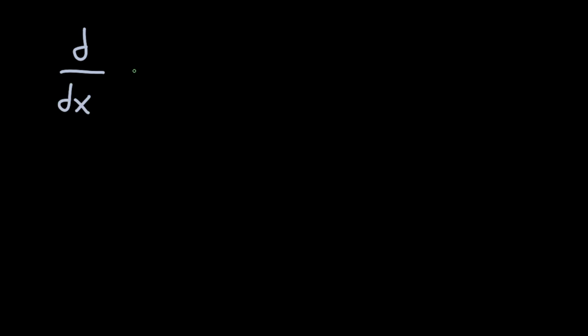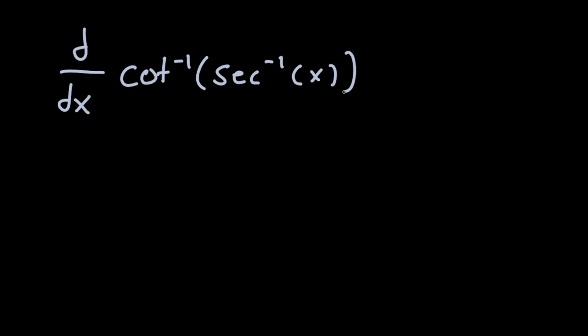Let's do the derivative of cotangent inverse of secant inverse of x. You could use trig here to solve it, but we're going to use calculus. So we have 1 over the square root of 1 plus the function squared.